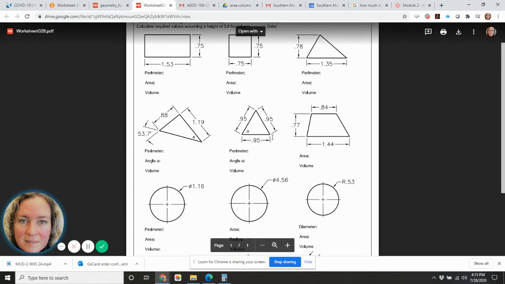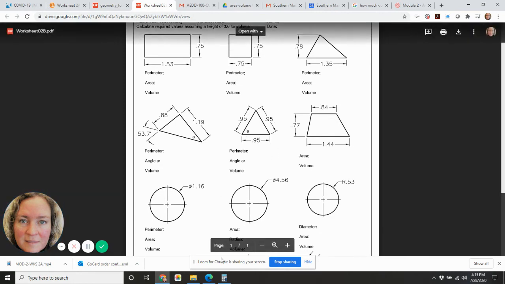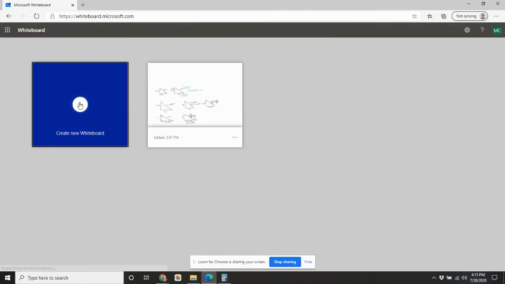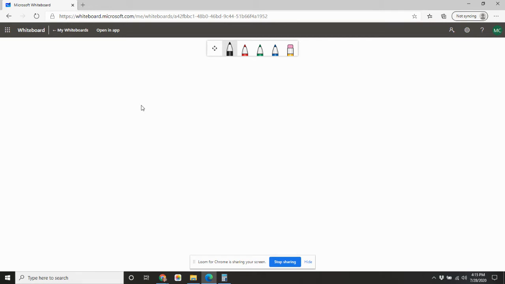This one's tricky because it's an equilateral triangle. But one of the cool things about an equilateral triangle, and I'll go to the white page here, create a new one. An equilateral triangle has equal side lengths, and the inside angles are all equal.